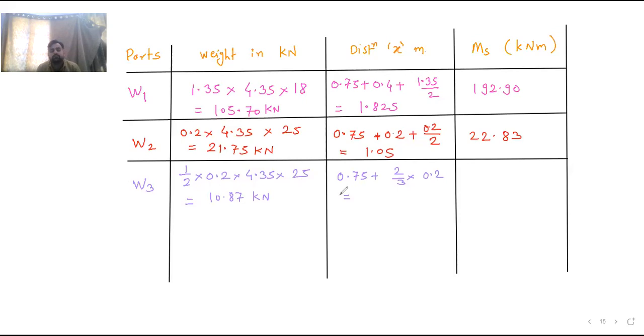What is the answer? 1.67. Okay, so 1.67. Now calculate the moment.